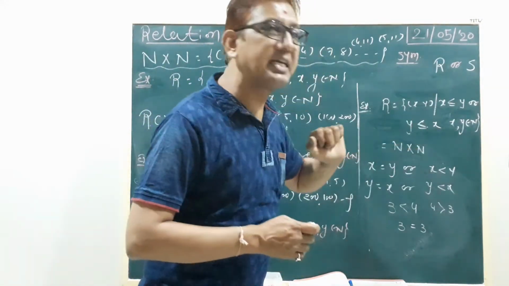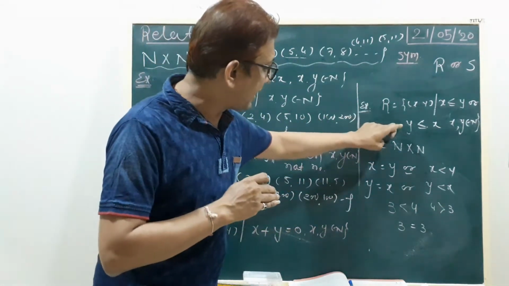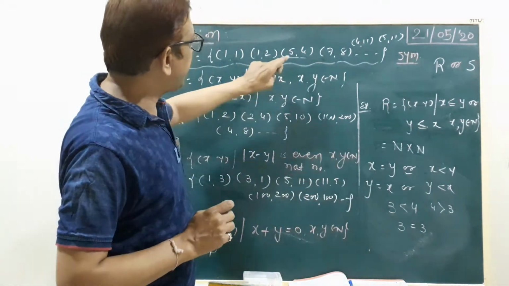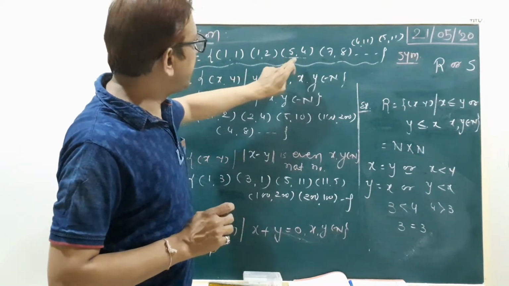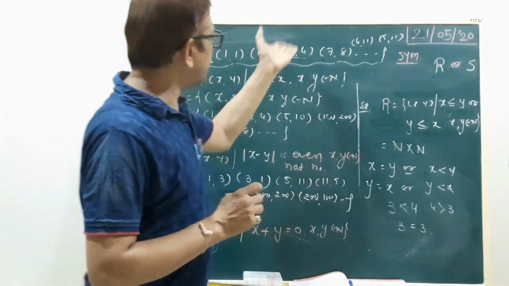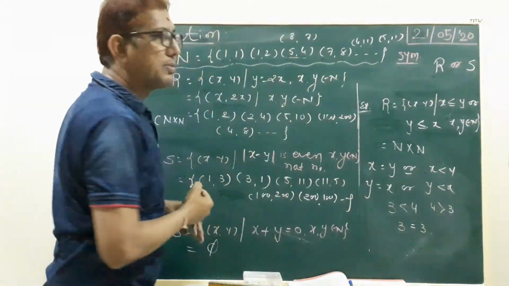Then the third condition is y less than x, that is, the second element is smaller than the first element. That means 5 4 is also possible, right? Another bracket, suppose 8 7, is also possible.